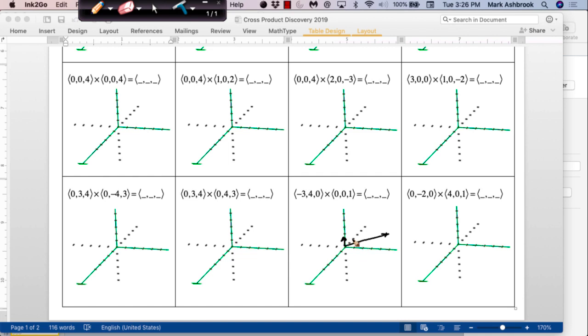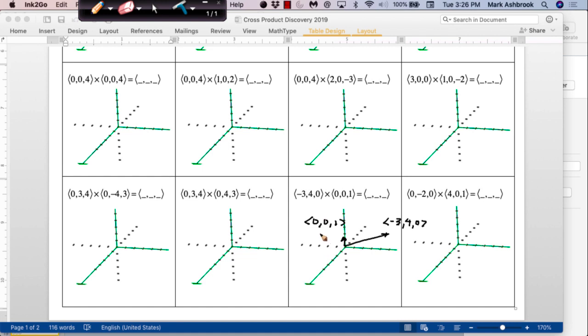First of all, what do you notice about those two vectors? Negative 3, 4, 0 and 0, 0, 1. Are those orthogonal? Yeah. So what about the magnitude of the cross product? If these two are orthogonal, then the magnitude of the cross product will be? The inverse situation of the dot product, right?